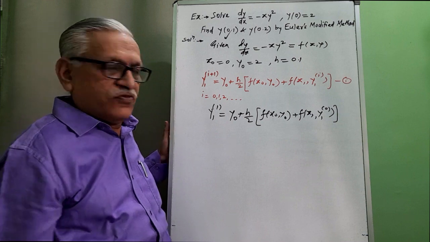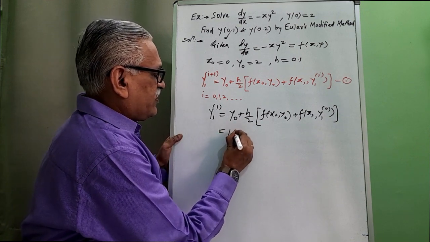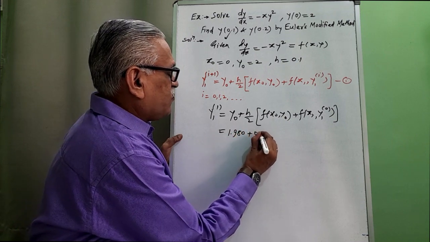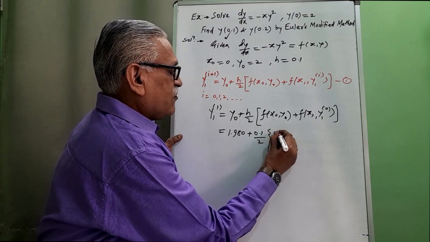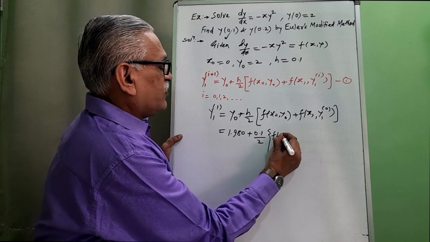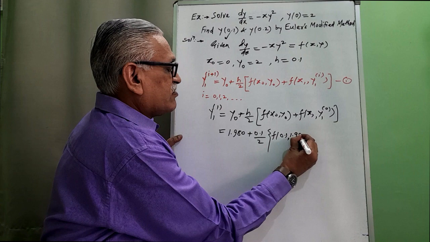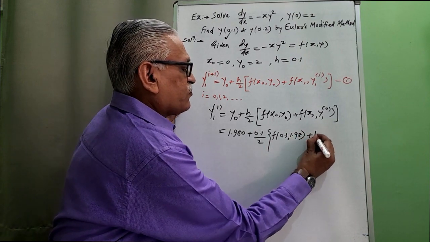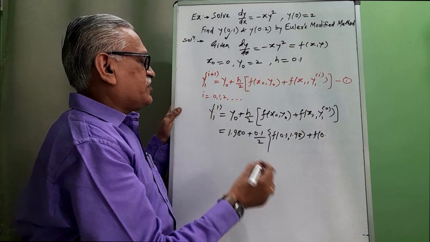Substituting the corresponding values, we get y0 is 1.980, h is 0.1 by 2, f of x0, x0 is 0.1, corresponding value is 1.980, plus f of x1 y1, where x1 is x0 plus h.